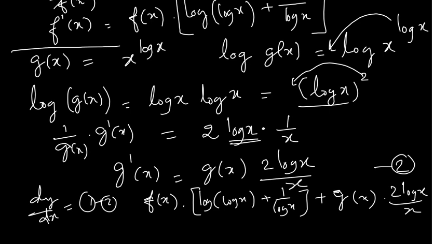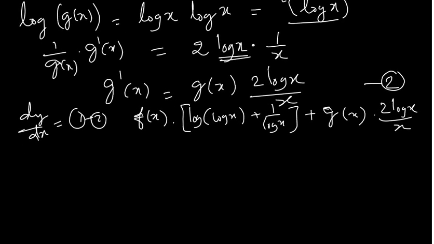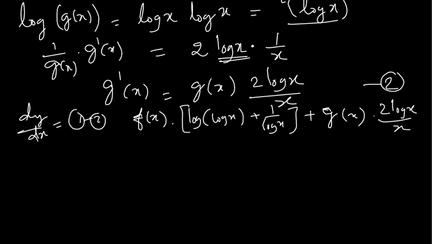Understood, right? Substitute f of x. Okay. So let me take this to the next page. What's our f of x? F of x is nothing but log x to the power of x.